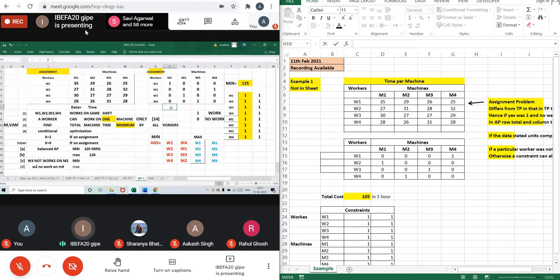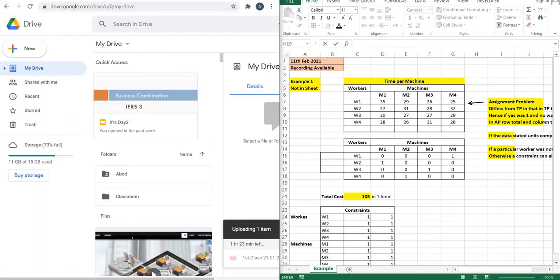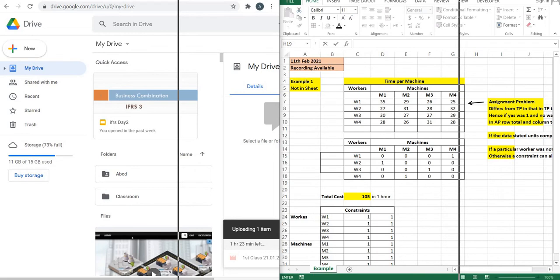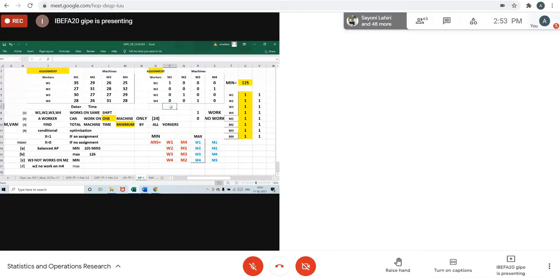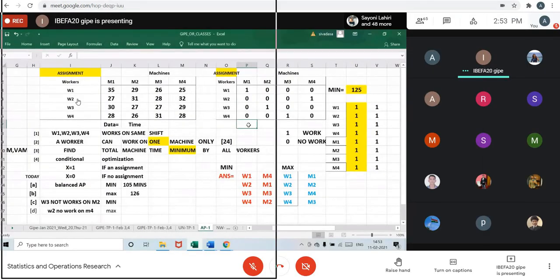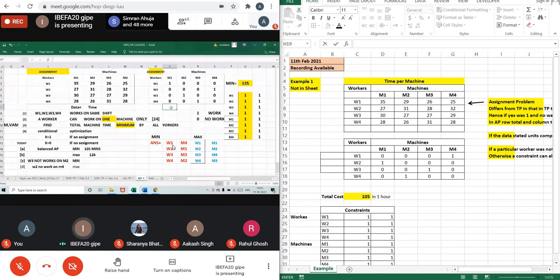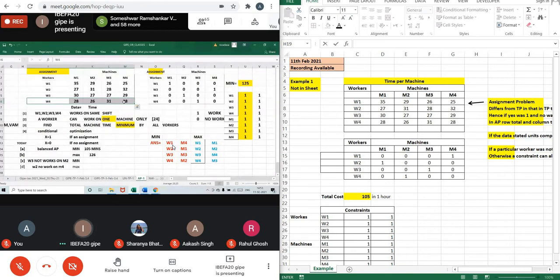Any question here? Suppose there are only 3 workers in the shift, one absent, but the machines are 4. What sort of assignment problem is this?